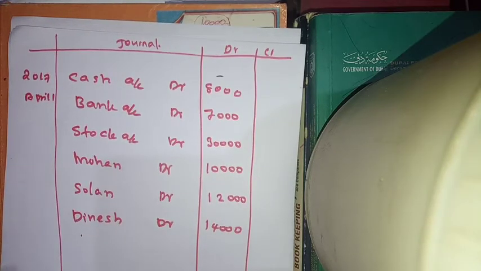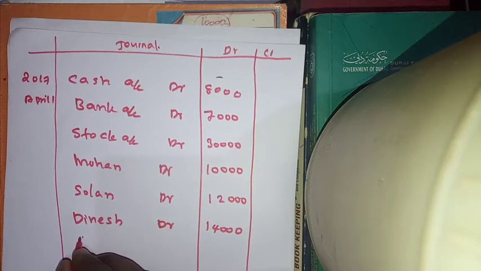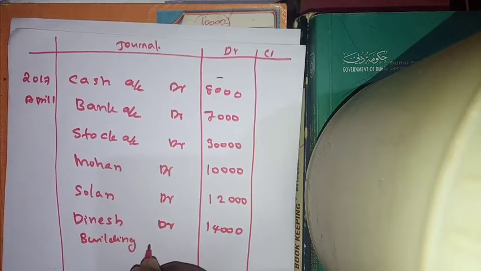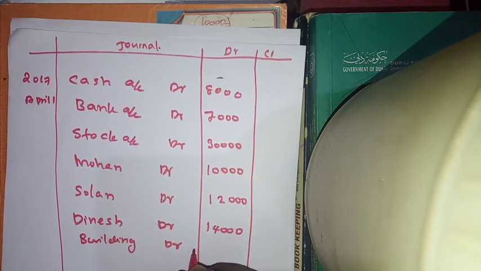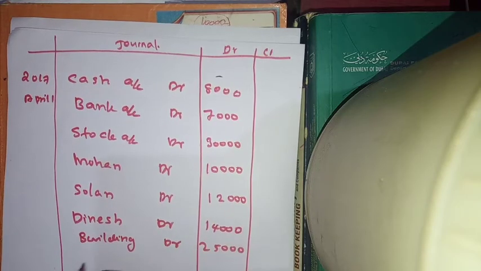Building is a fixed asset or non-current asset, so it is debited, isn't it? Building account debit. What is the amount of building? That is 25,000. After that, the last one is furniture account, isn't it?